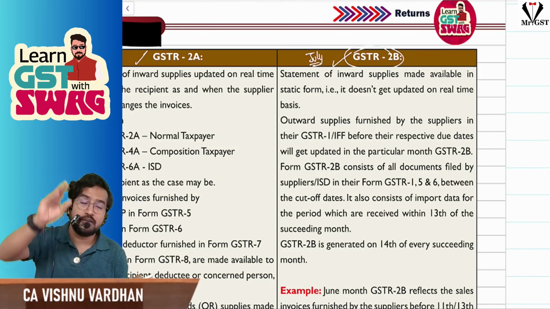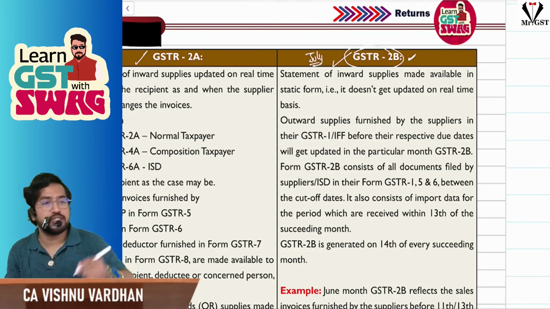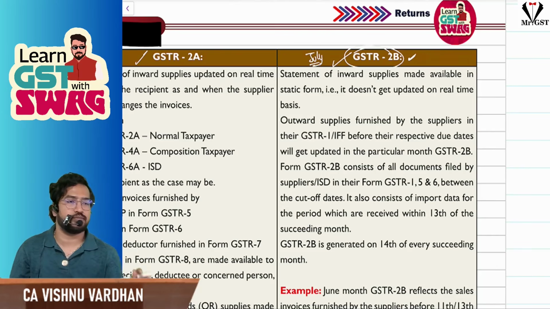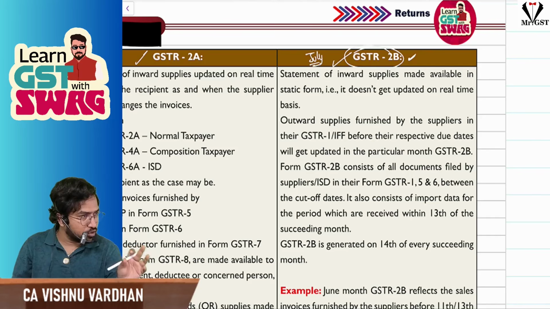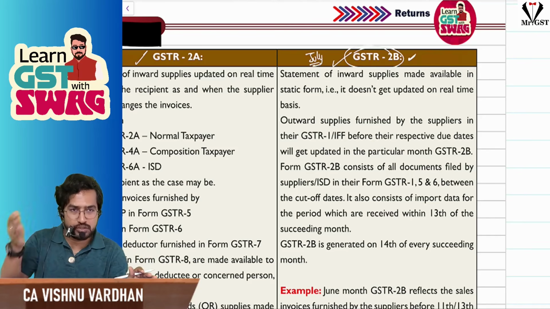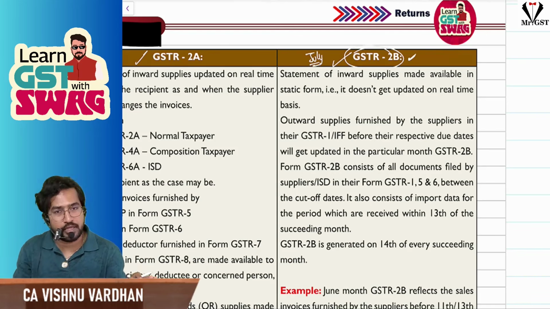If it is a sale made in April, that will reflect in July GSTR 2B only. Why? Because that has been disclosed in July GSTR 1. So, which month invoice, it doesn't matter. It is all about which month it is disclosed by your supplier. Your supplier disclosed in July month, it will come in July 2B, even though invoice is of April month.